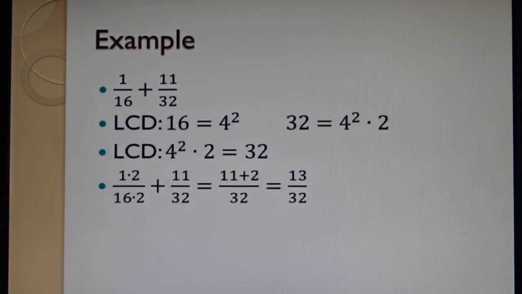And when I add those together, I have 2 plus 11 over 32 equals 13/32. I can't reduce that. 13 is a prime number. I can't break that up. And we already know that 32 is not made out of 13.